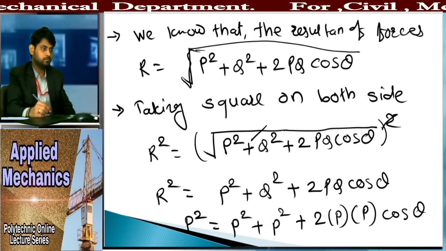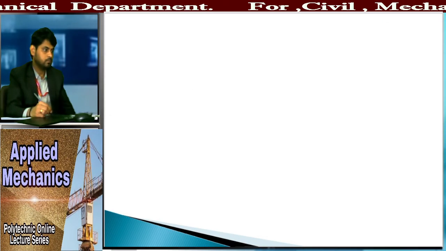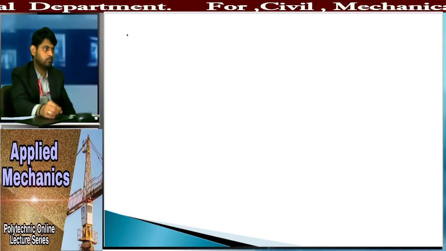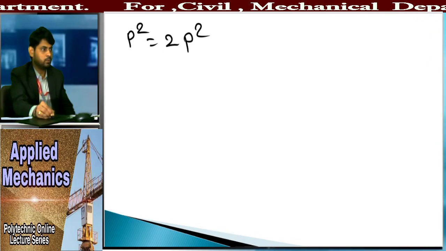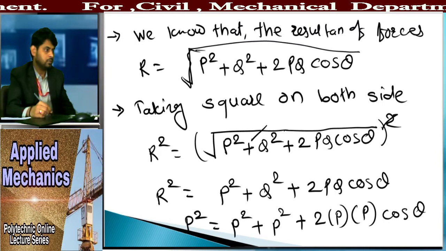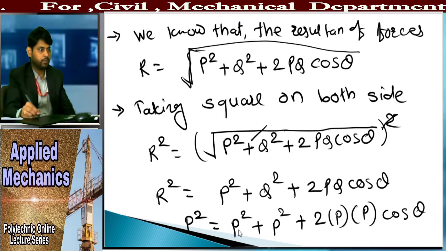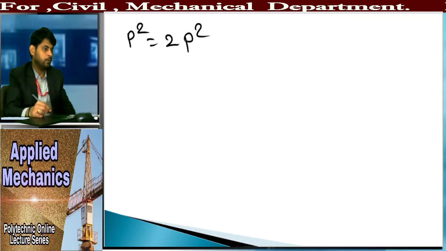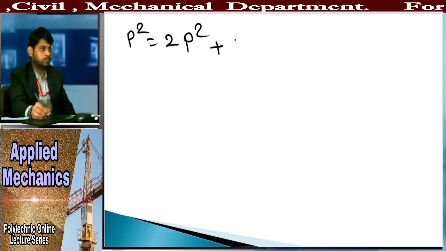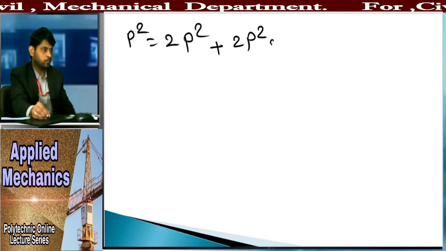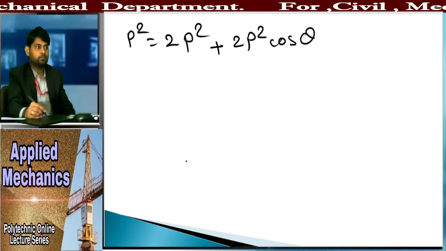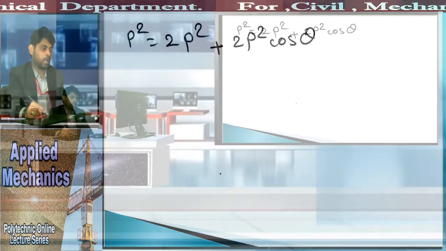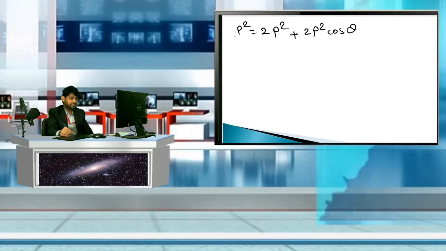So here P square is equal to 2 times P square, this P and this P, 1 plus 1 is 2, right? 2P square plus 2P square cos of theta, right?